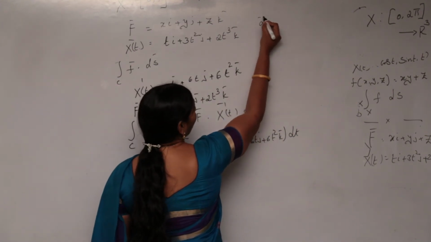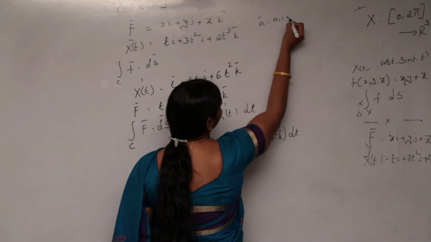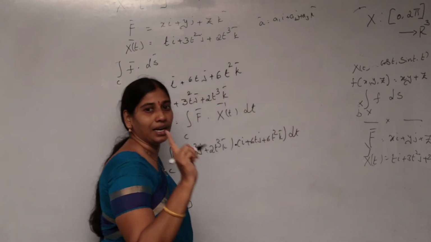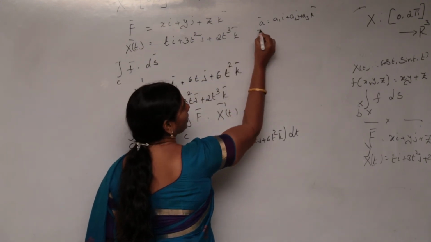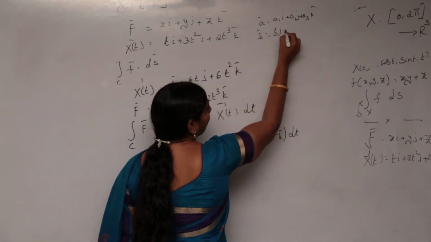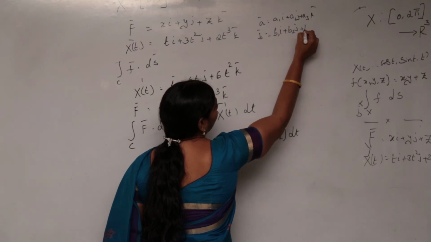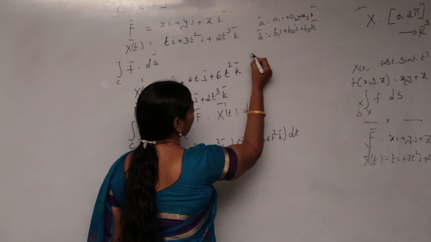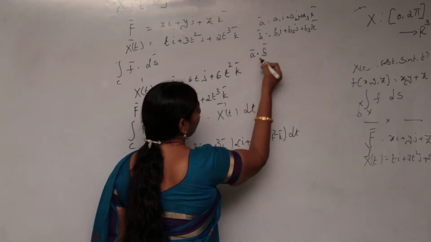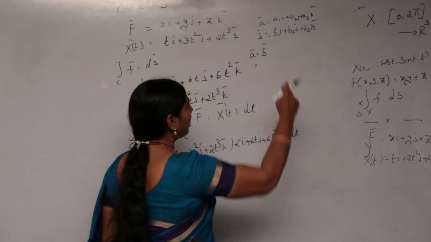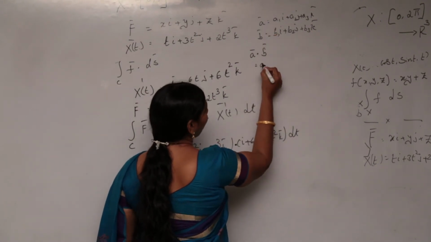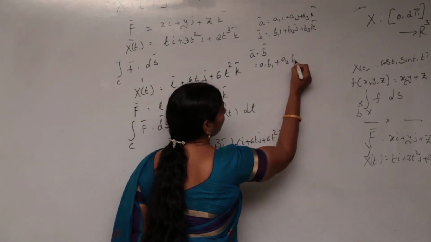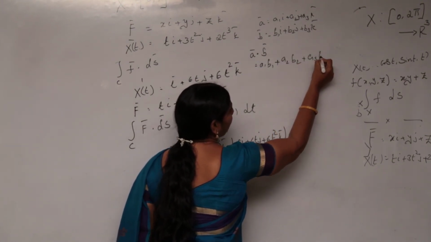If a bar is a1 i bar plus a2 j bar plus a3 k bar and b bar is another vector b1 i bar plus b2 j bar plus b3 k bar, then the dot product between the two vectors a bar and b bar is defined as a1 b1 plus a2 b2 plus a3 b3.